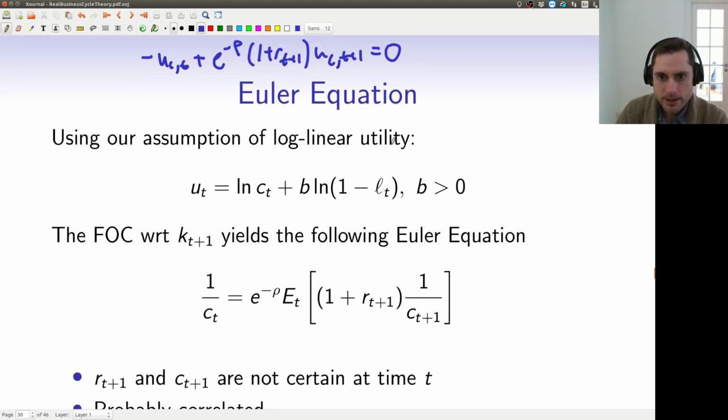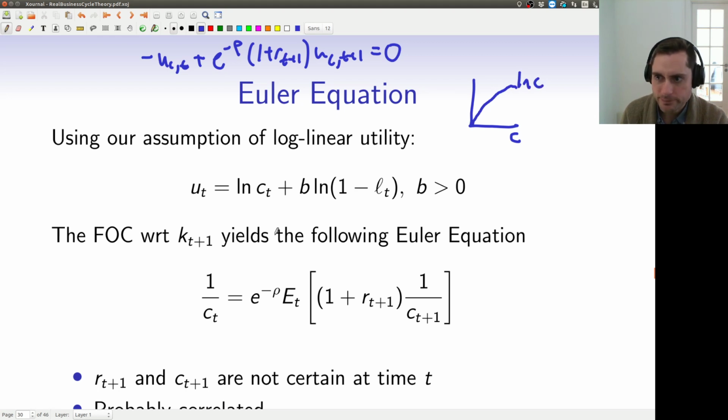All right, so we can plug in log linear utility into this expression here. So notice if we have log linear utility, it looks like this. So you can see that it's going to be the log of CT. You guys remember that log looks like this. So then the log of C would look like this.